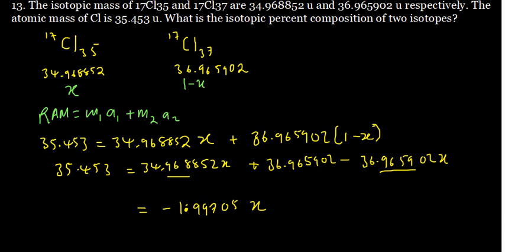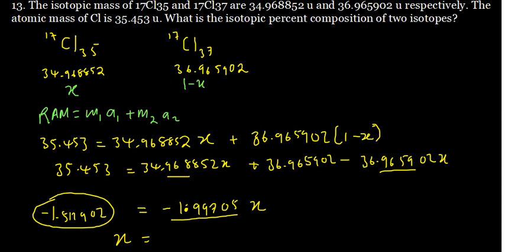And that is giving me negative 1.512902. So to remain with x, divide both sides by this value. Therefore, x is going to be negative 1.512902 divided by negative 1.99705.